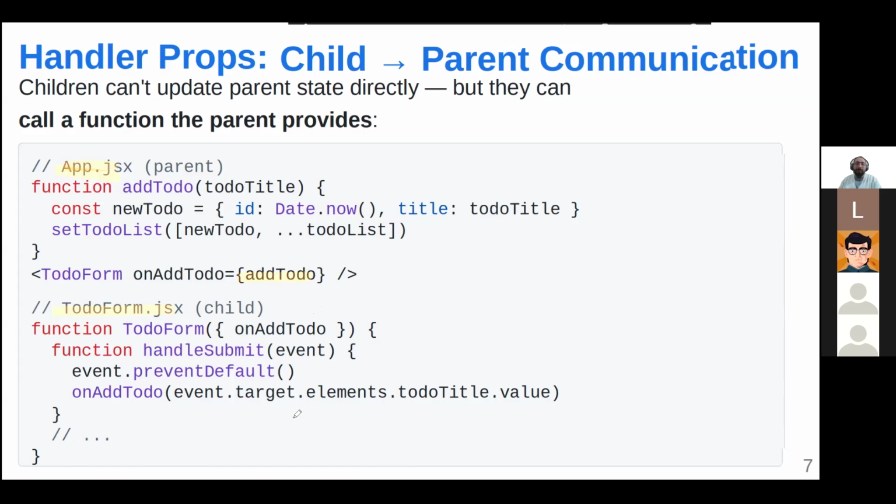It has only passed through it. So the child gets an onAddToDo, and it has a handleSubmit function with event. It will only go through and preventDefault. Do the logic here. We target the element, toDoTitle value, and it returns up to the parent, and the parent will take care of the rest.